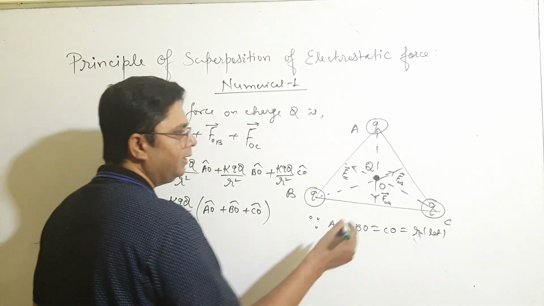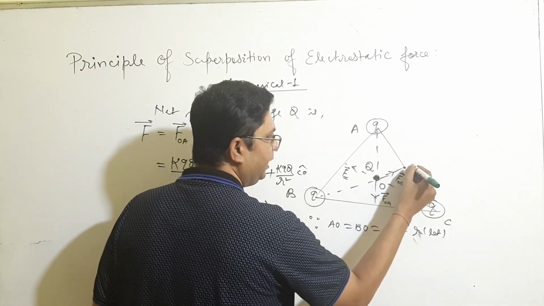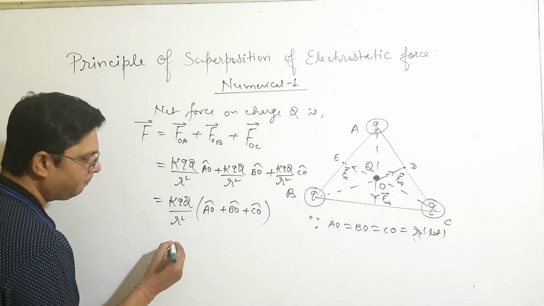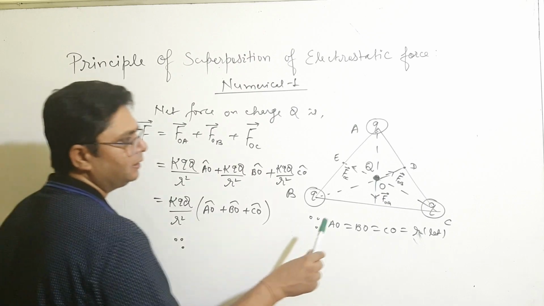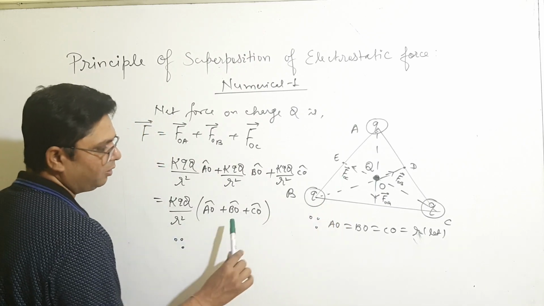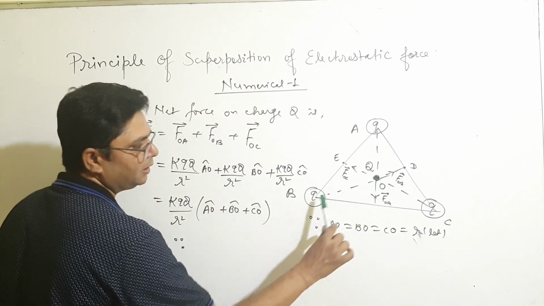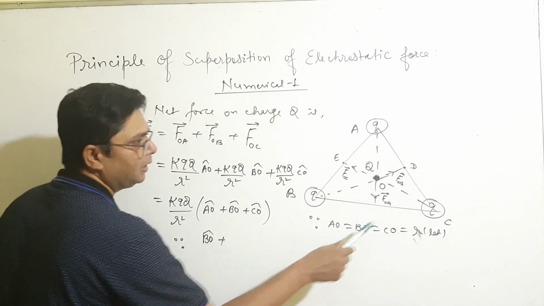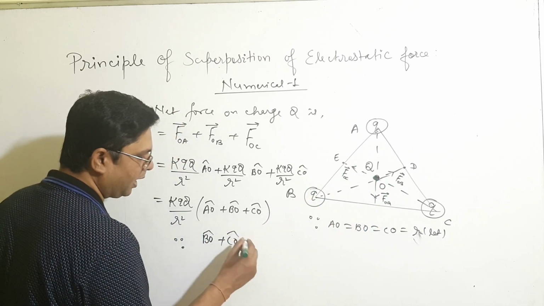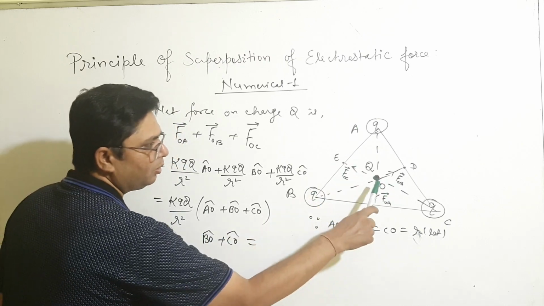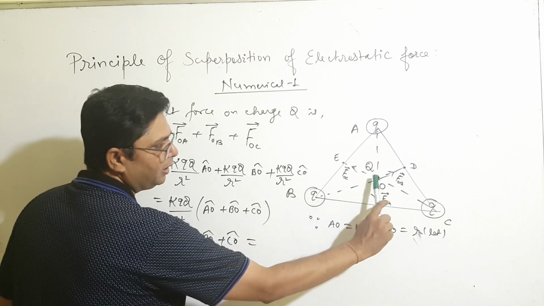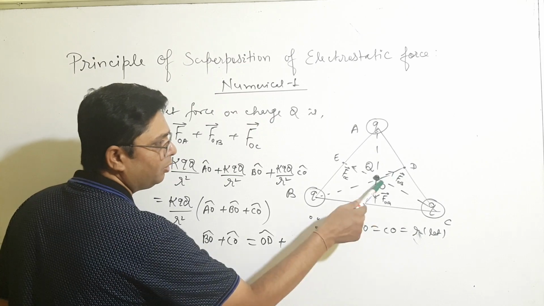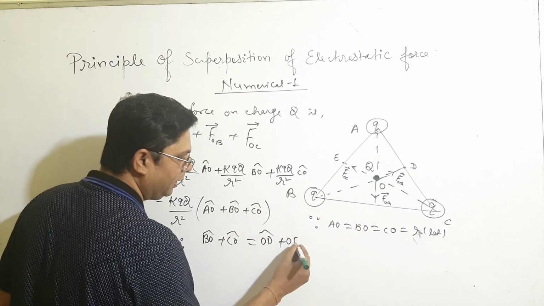Now let us name this point D and this point E. Now see here, this is a BO cap. BO cap plus CO cap can be written as OD cap and OE cap.